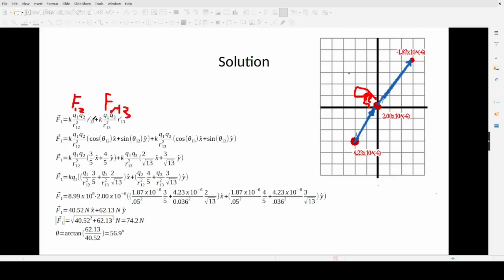But let's look at this. The radius between 1 and 2 is the cosine of the angle times the x hat direction plus the sine of the angle times the y hat direction. This is your theta 1, 2 right here. So we need the cosine and the sine of that angle, and again, use your theta 1, 3 here.